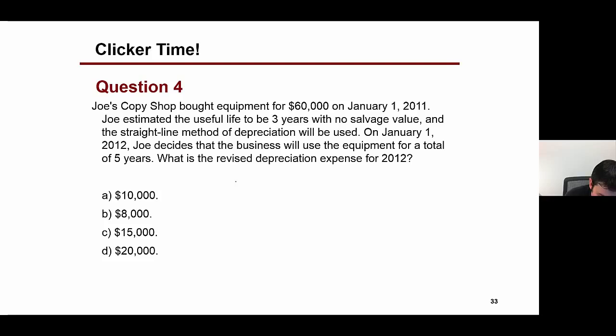Again, originally it was 2011. It was 60,000 because it has no salvage value, multiplied by 100%, divided by 3, and that was 20,000 depreciation expense, and book value.